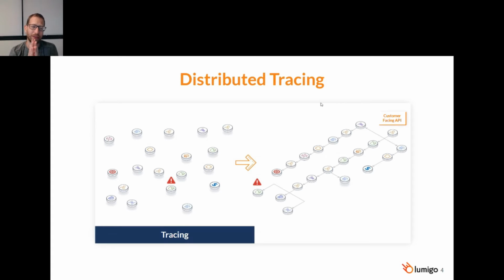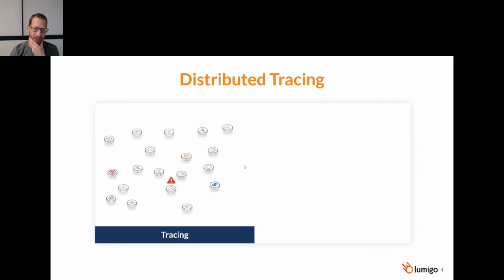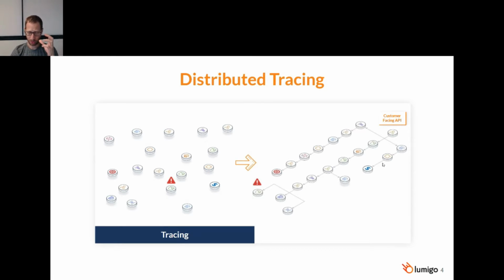So distributed tracing is the idea of we want to move from this, a bunch of services where one of them goes wrong, but we don't really know how they connect in that specific transaction that went wrong, to this, to an order where I can understand what went wrong, but immediately I can go upstream and go service by service up until the customer-facing API, and then decide, one, what is the priority, who is the customer that's experiencing that issue, and then I can actually drill down to the request and the data and the inputs and outputs and see the details.